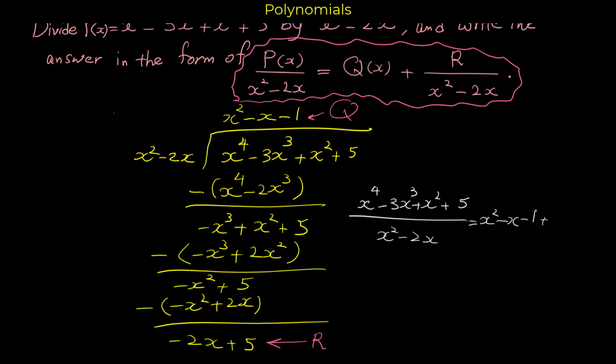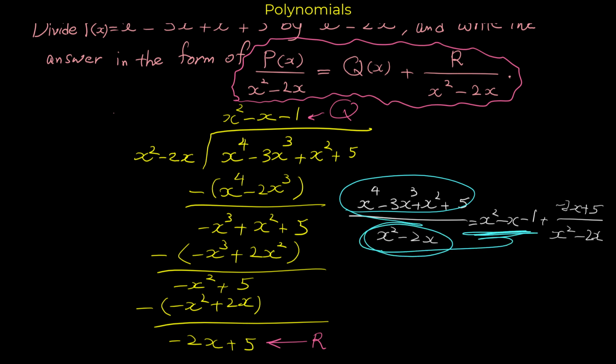So plus negative 2x plus 5, all over x² − 2x. So we divided this by this. This is our quotient, this is our remainder.